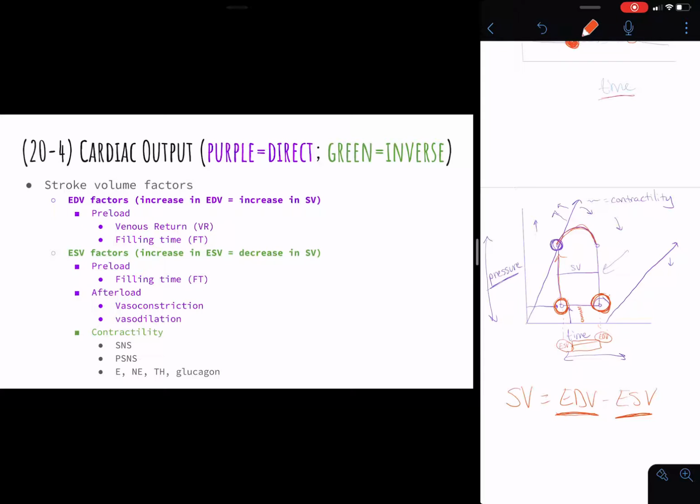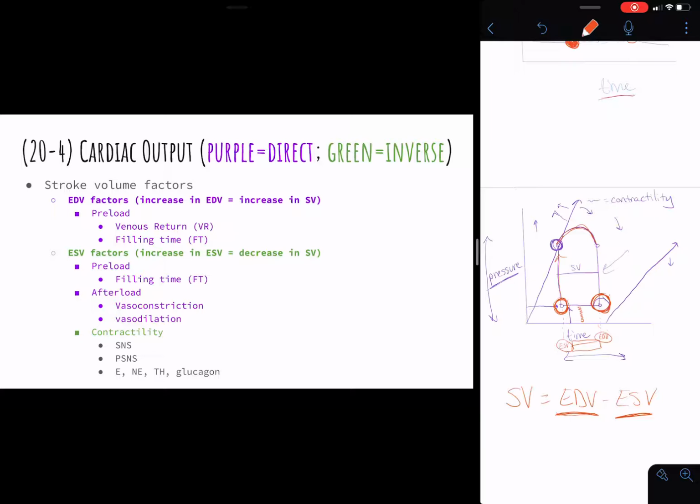Okay, so preload also affects ESV, end systolic volume, right? Because preload is the amount of blood involved before the contraction. And just like filling time affects preload in EDV, filling time affects preload in ESV as well. So the amount of time it actually took to fill the ventricles will also affect how much volume is left at the end, right?